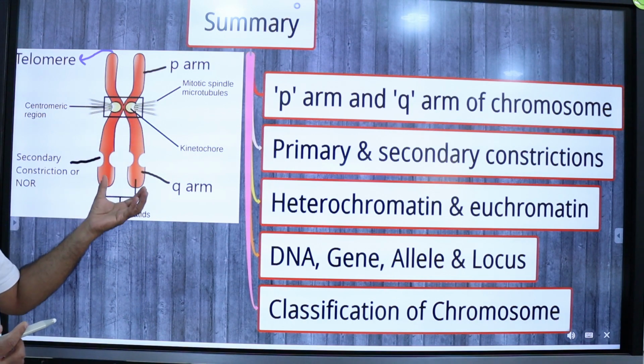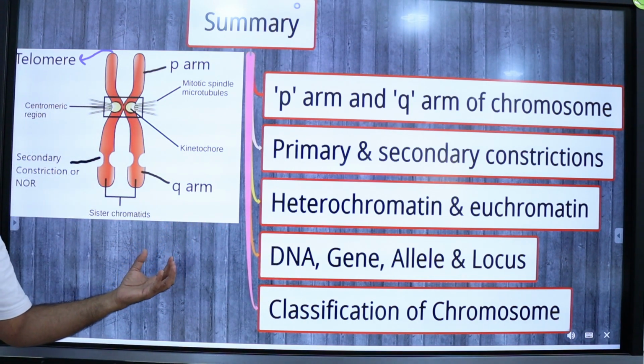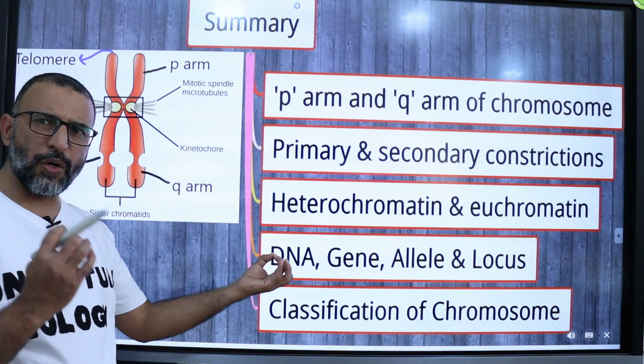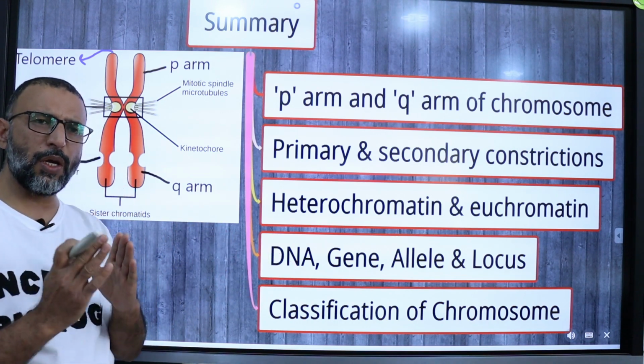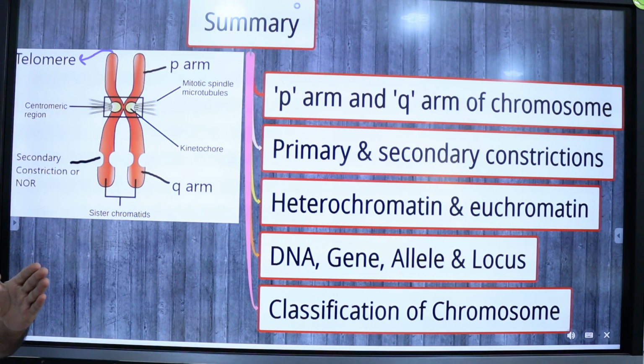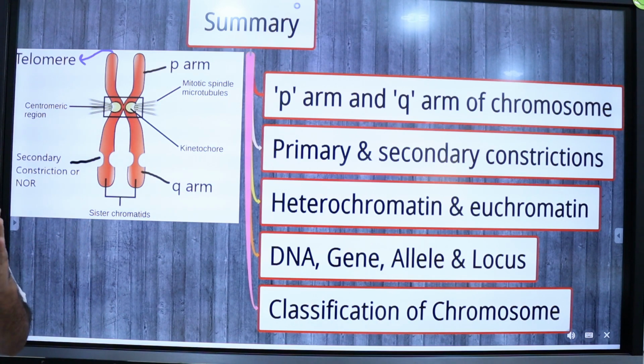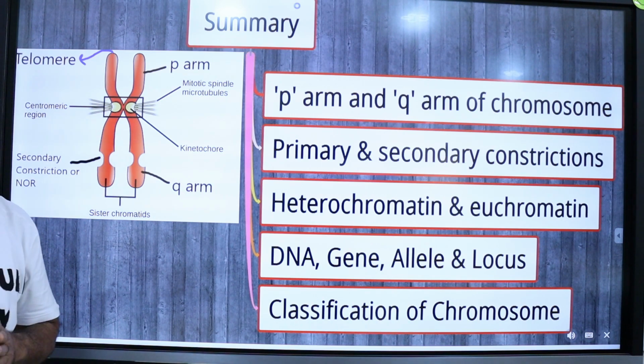As we know, the chromosome is composed of DNA and protein called histone, and DNA contains genes. A gene is a fragment of DNA, a section of DNA, and a gene is a heritable factor that controls a specific characteristic of the body.